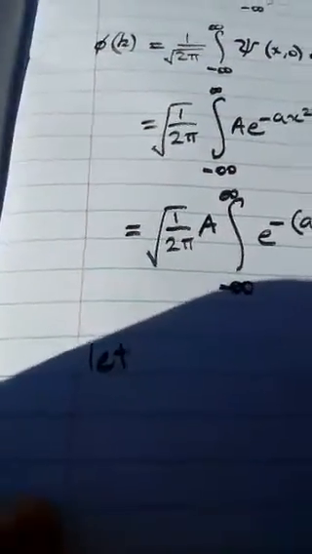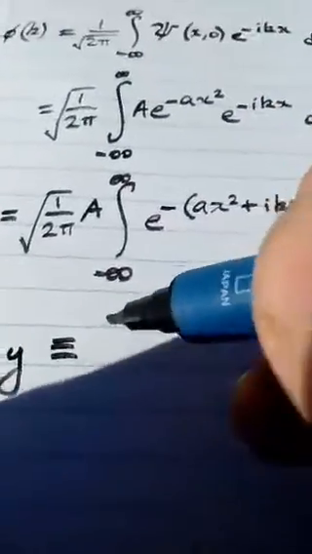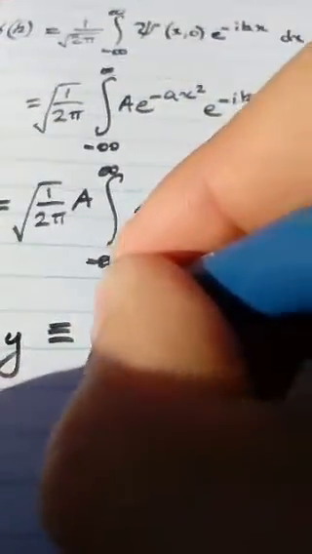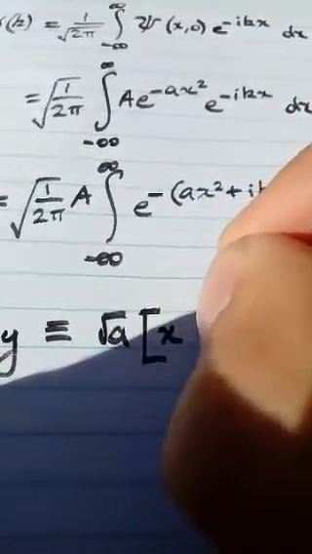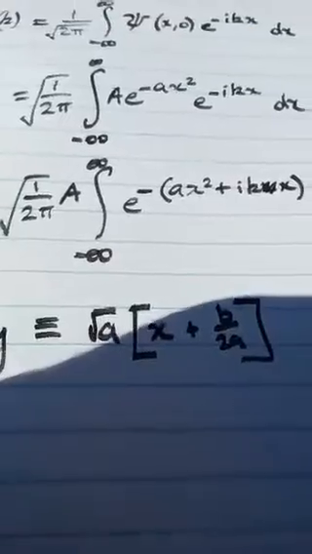So we let y, by definition, equal root a outside of x plus b over 2a. We're forcing it. Now, why do I do that? This is now part 2.